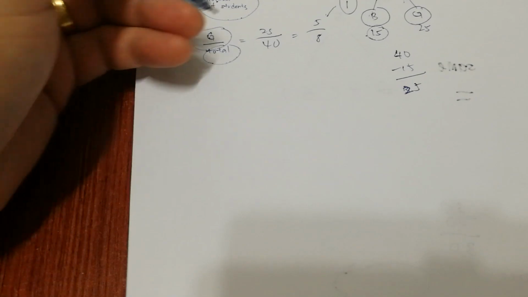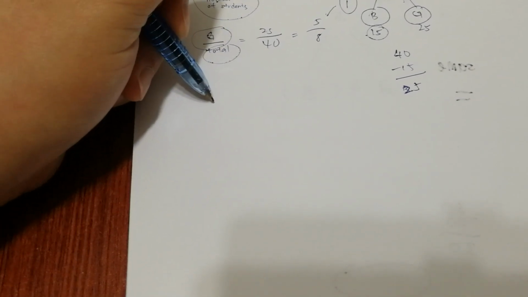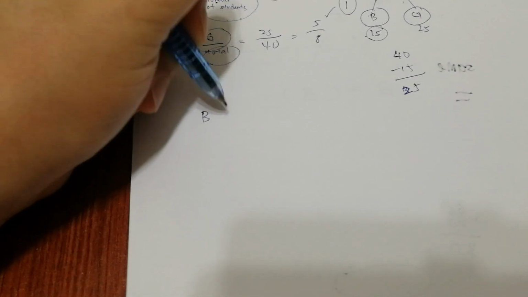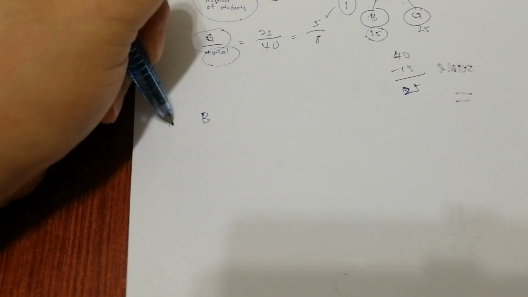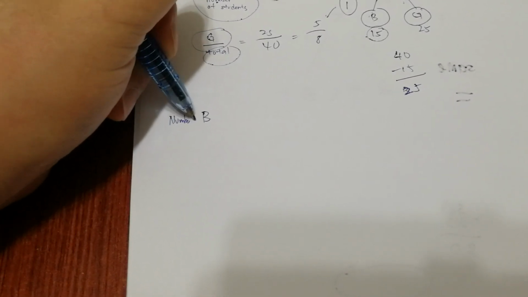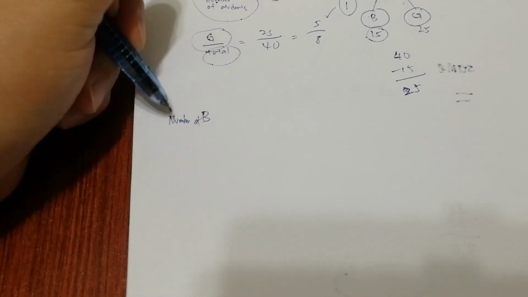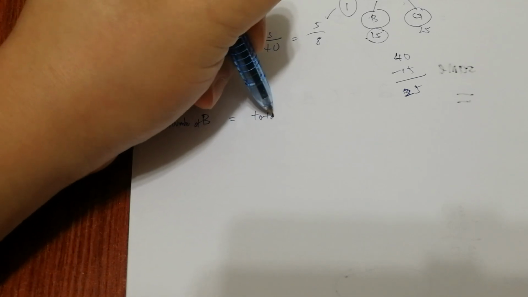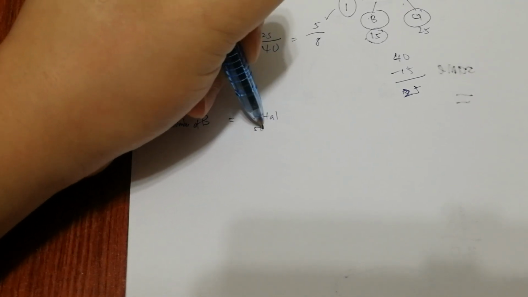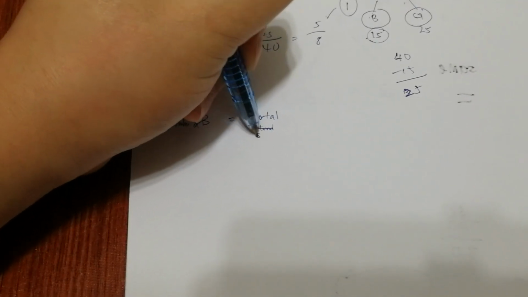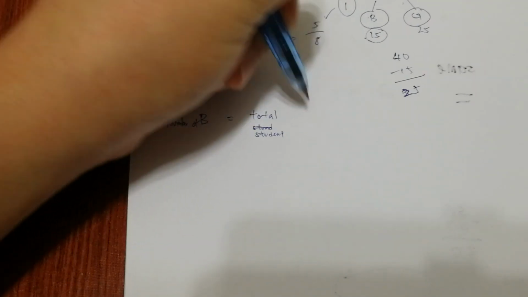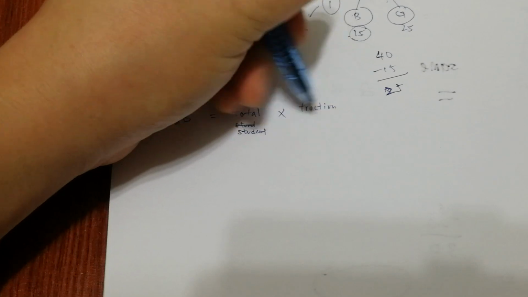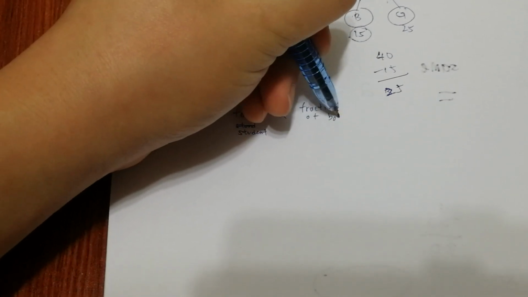Now, let's say I want to look for the number of boys. It equals the total number of students times the fraction of boys.